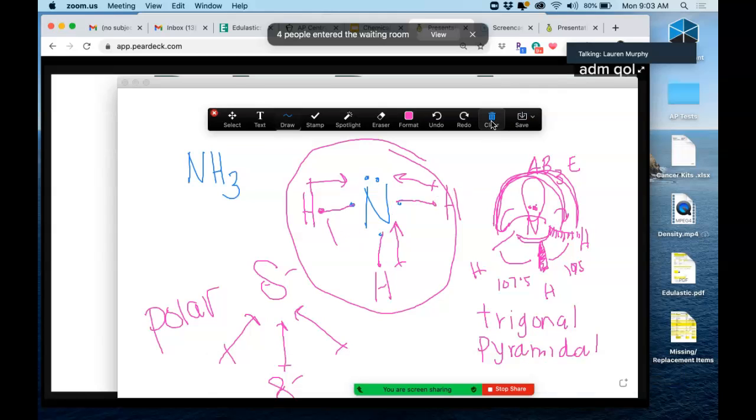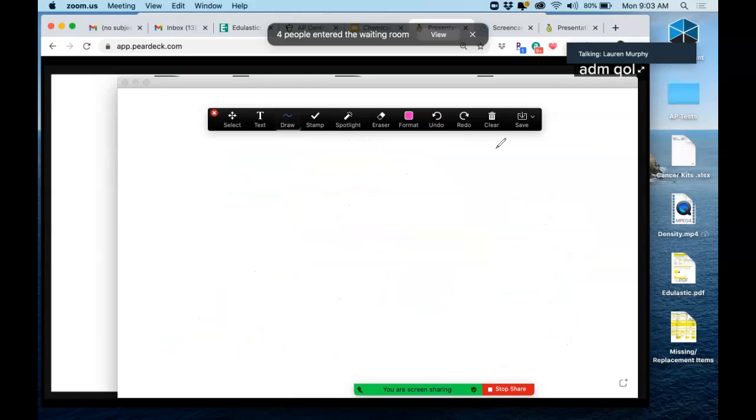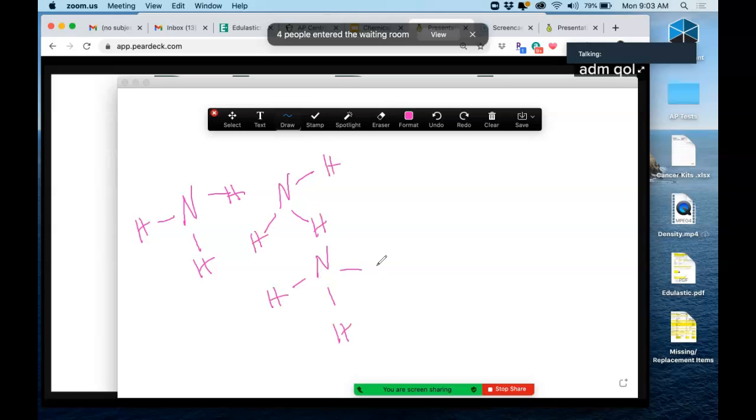So what do I mean by that? Well, if ammonia is polar, watch. I just drew 3 different ammonia molecules. Because ammonia is polar, that makes the nitrogen end slightly negative and the hydrogen ends slightly positive.